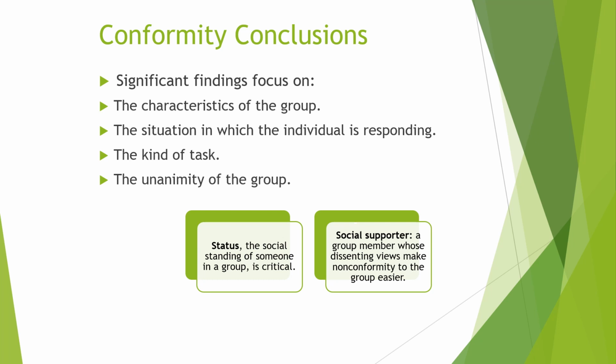If just one other person gave the correct answer, the participant was more likely to give the correct answer and not conform to the incorrect answer. So social support is very important with conformity, as is status.